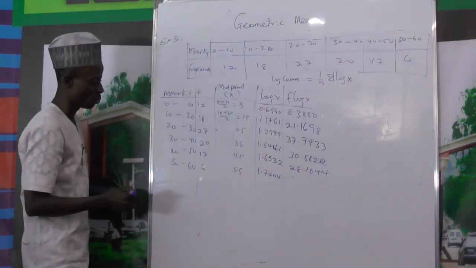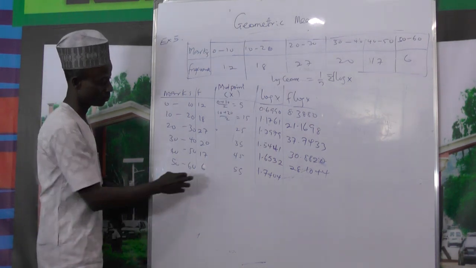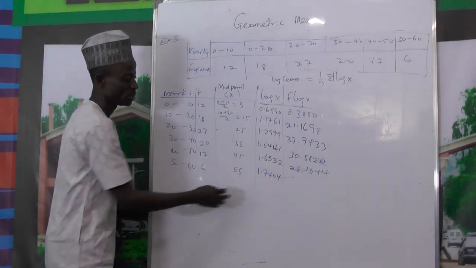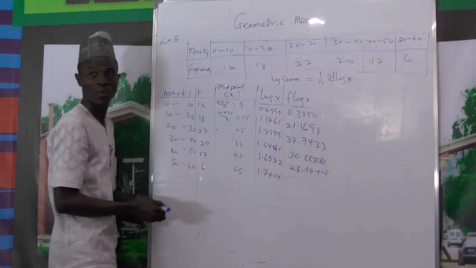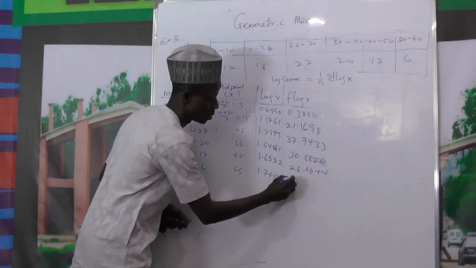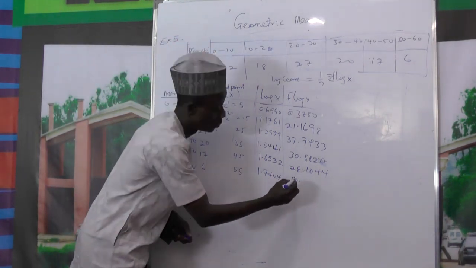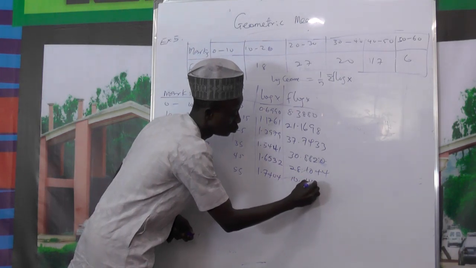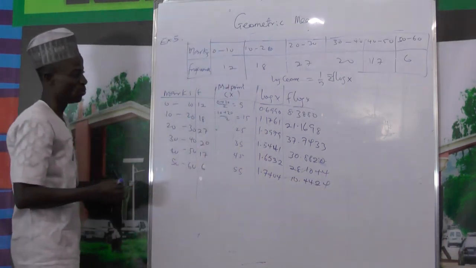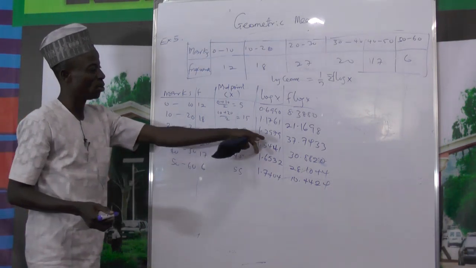Then the next one will be 6 multiplied by 1.7404, which gives us 10.4424. So that will be f multiplied by log of x.